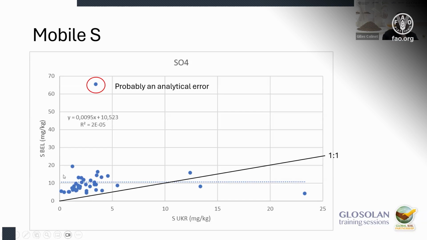Otherwise, we have the same order of magnitude, but we measure more at the lowest values. We measure 2 or 3 times more sulfur by ICP than by the other method. So it might be a problem to compare sulfate.